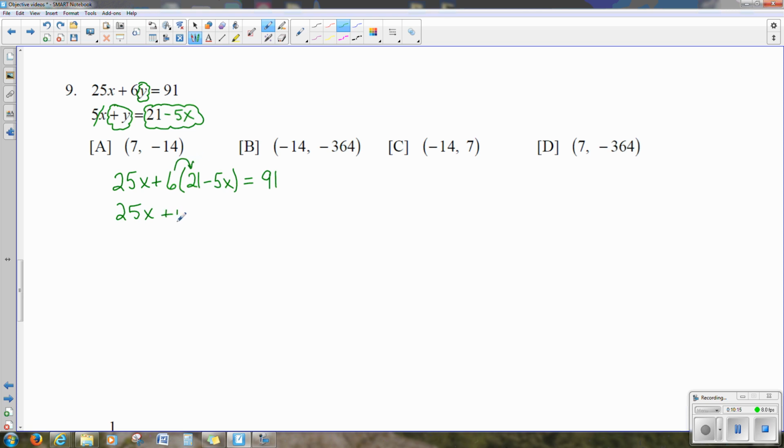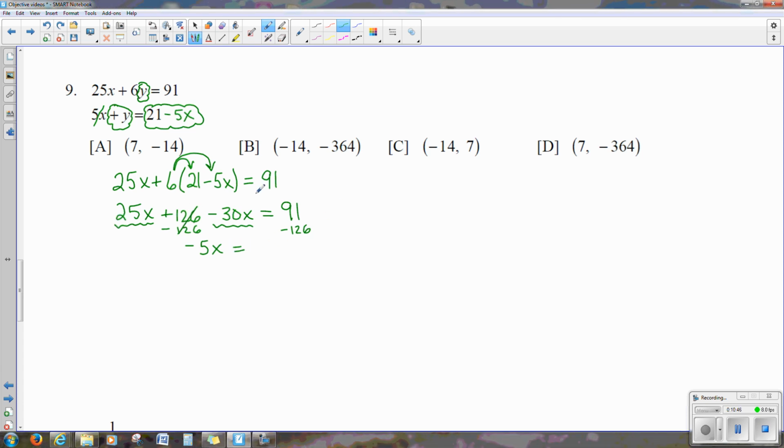So we get positive 126, and then we get negative 30x equals 91. Okay, we're going to combine like terms. So 25x minus 30x gives me negative 5x. And if I subtract 126 from each side, maybe I should have subtracted 91.